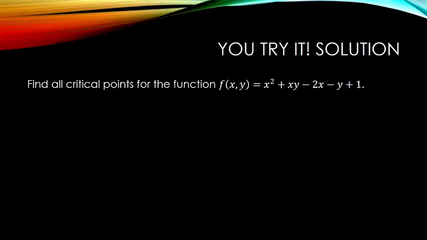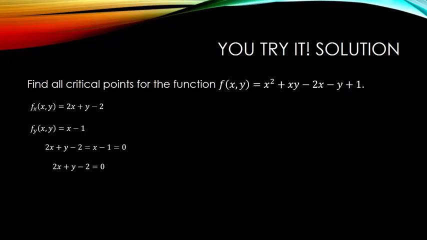So I'm looking for all critical points for my function f(x, y) equals x squared plus xy minus 2x minus y plus 1. Fx at (x, y) is given by 2x plus y minus 2. Fy at (x, y) is given by x minus 1. Both of them have to equal 0.